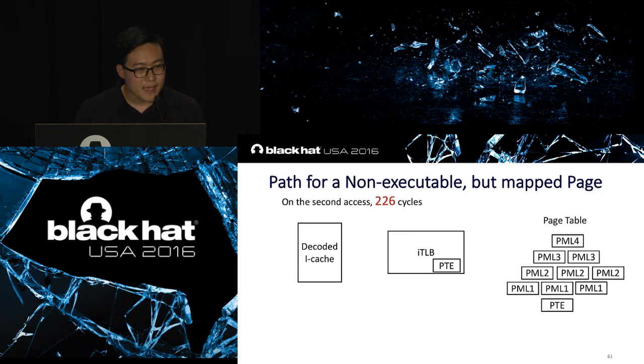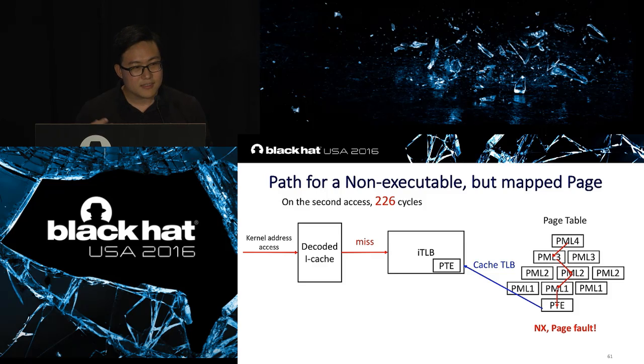So the correct path will be like the following. On the subsequent access, the TLB will hit, but it says it is non-executable. So the processor needs to go through the page table walk, then retrieve the entry, and it is still non-executable. Then finally, it will generate a page fault.